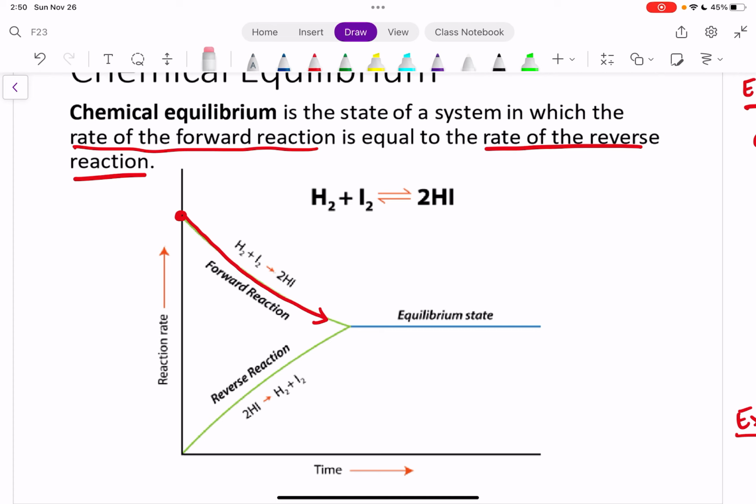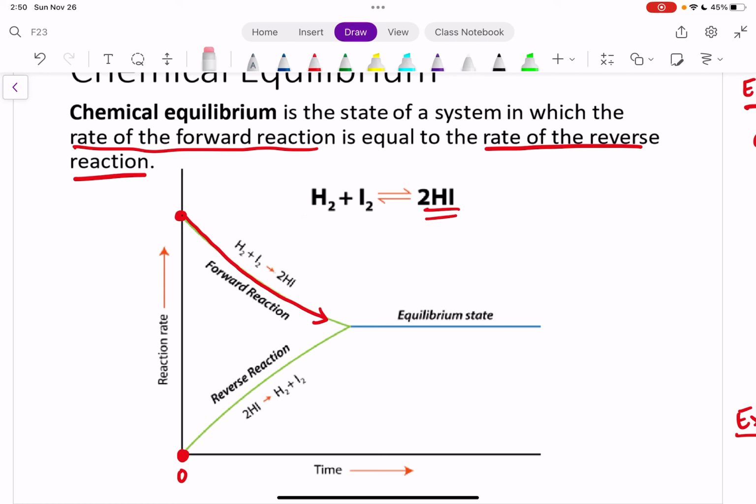At the same time, when we first start the reaction over here, at time 0, the rate of my reverse reaction is going to be slow. It starts off really slow because at time 0, I haven't reacted these two things together and made any of this yet.